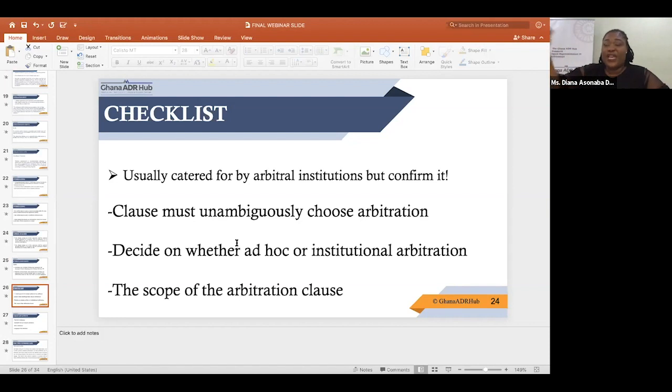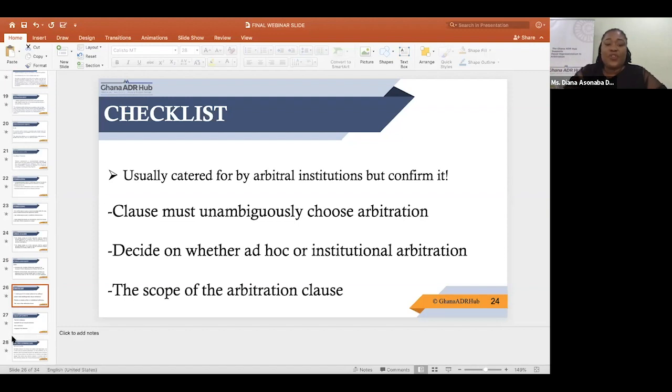One will say we'll first start with mediation, and if mediation fails, we then come to arbitration. But at every point in time, there should not be ambiguity as to which one is exclusive to the other. You also want to decide on whether you want to use an ad hoc arbitration as part of drafting your arbitration clause, or you want to use any of the arbitral institutions that are available.